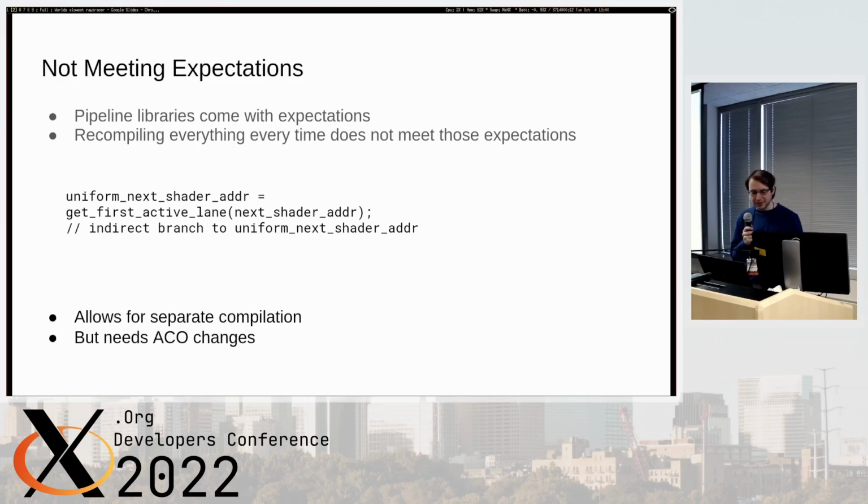And then we can compile things separately, but this needs NIR changes, not only for the indirect branch, but we also did a lot of optimizations like, hey, only include certain bits in your shader ABI if they're actually used. But now because you're calling an unknown shader, you don't know what's actually used. So that's what we're working on.